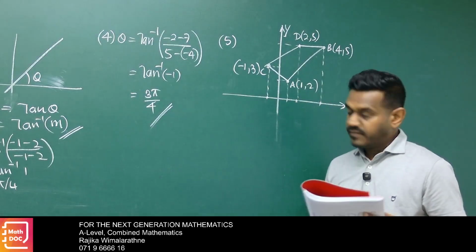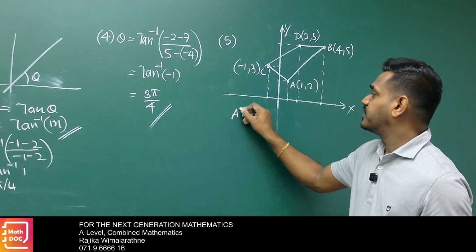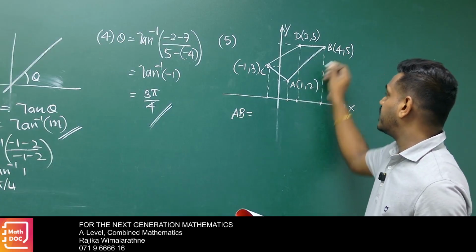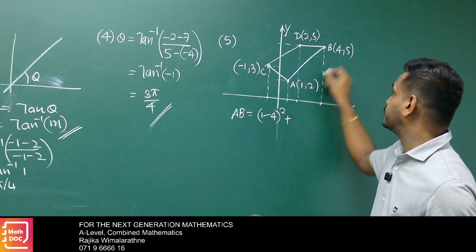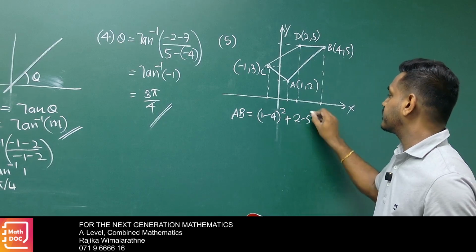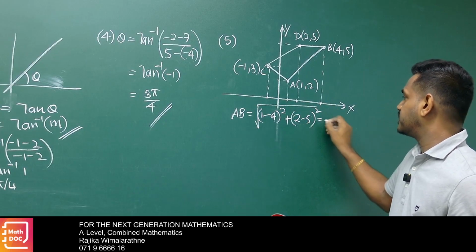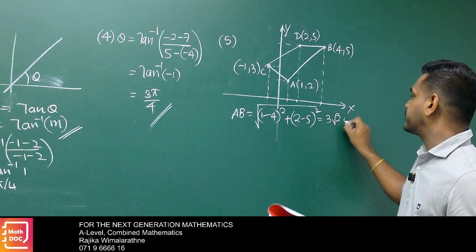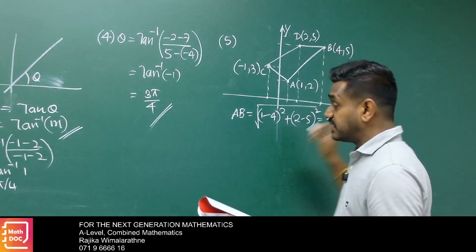Then AB length: x difference squared, 1 minus 4 squared, y difference, 2 minus 5 squared, square root. Here 3 squared, 3 squared, 3 root 2 units. When you write a distance, you have to put units.